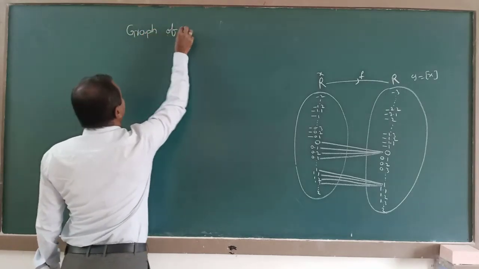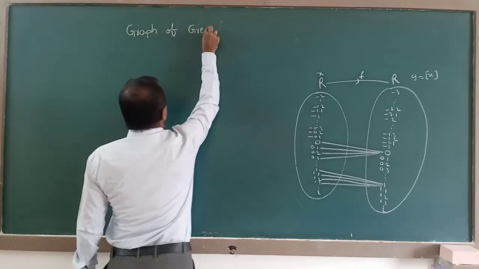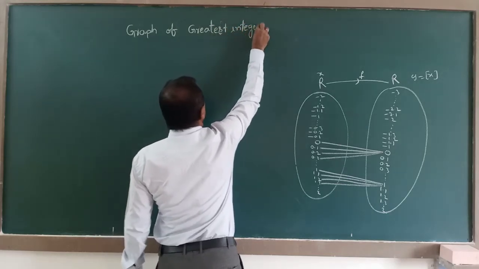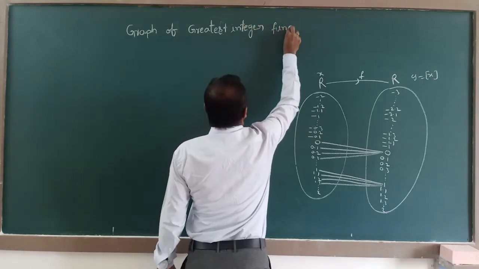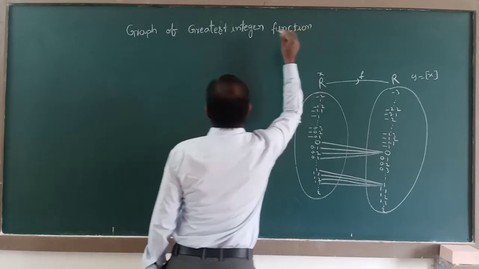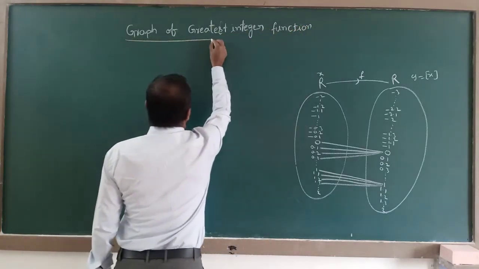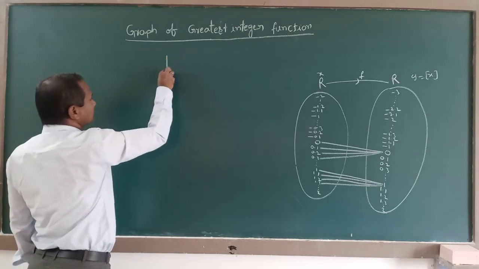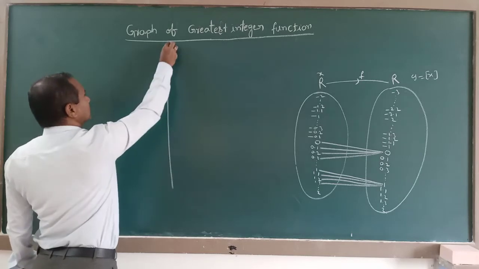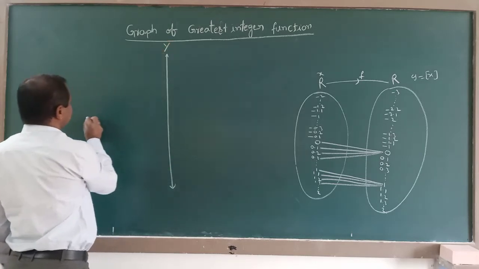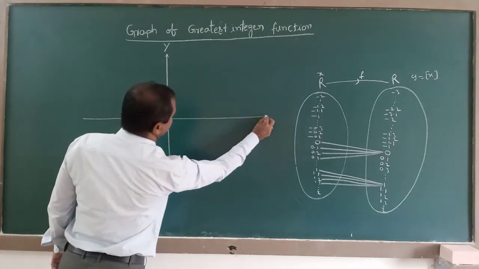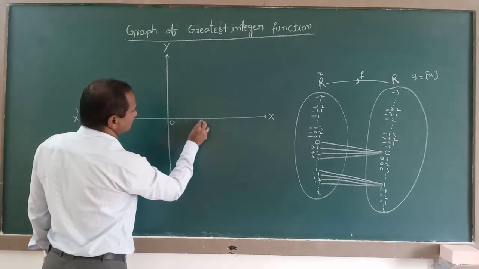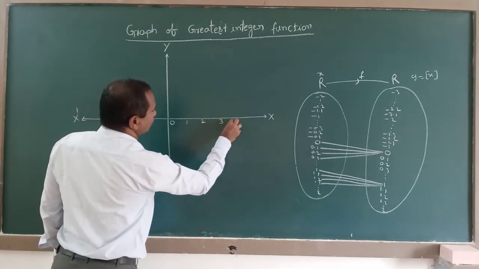Here is the y-axis, and this is the x-axis, X dash here, origin 0, 1, 2, 3, 4, 5 and so on.